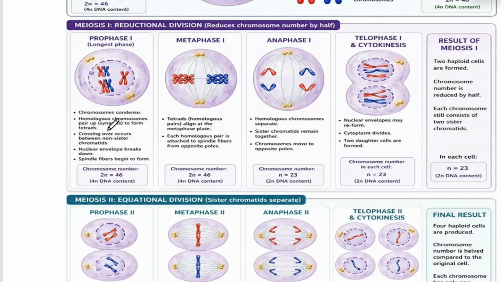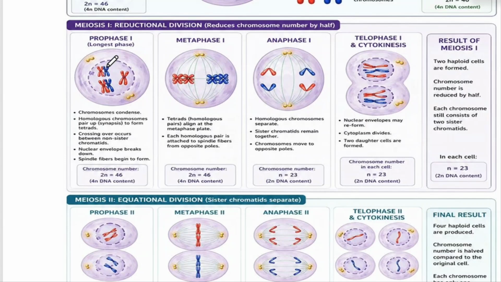Why? Because during this phase, homologous chromosomes pair together in a process called synapsis, forming a structure called a tetrad.